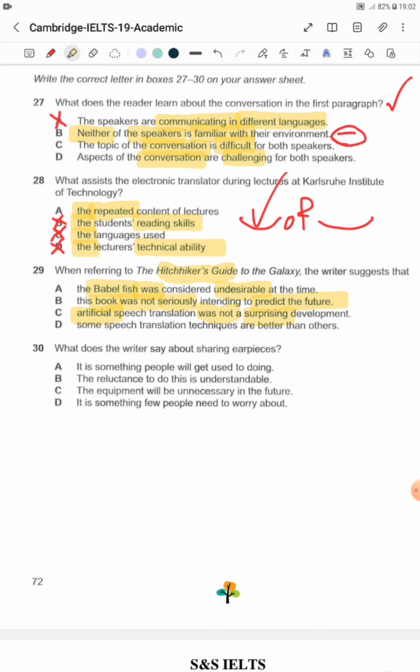So these two combinations of nouns pertaining to this verb are our keywords. Some speech translation techniques are better than others. I have told you, comparative and superlative adjectives are our priority. "Better than" is really important, and there are two sides of "better than". One side is speech translation techniques and the other side is others. There's a comparison that should be checked.